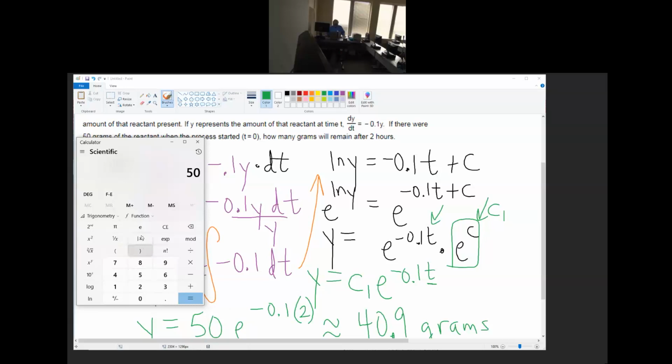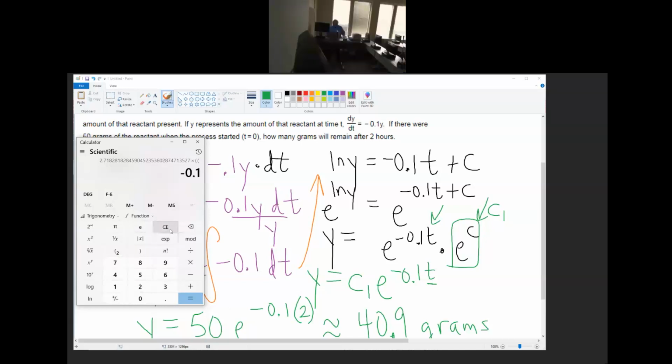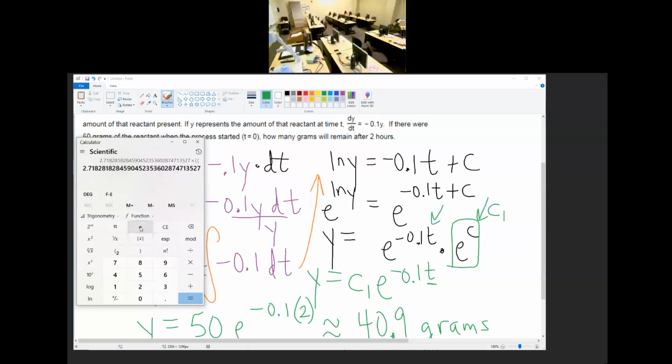Okay, 50th times negative 0.1. You know what? Let's see. We already know what it is. Negative 0.2 to the e.